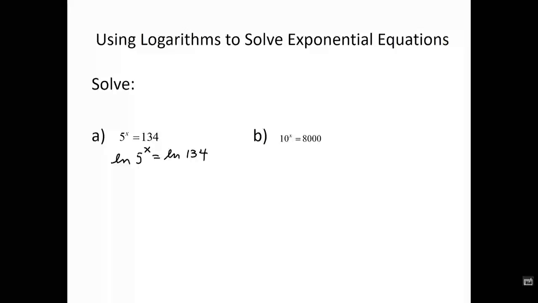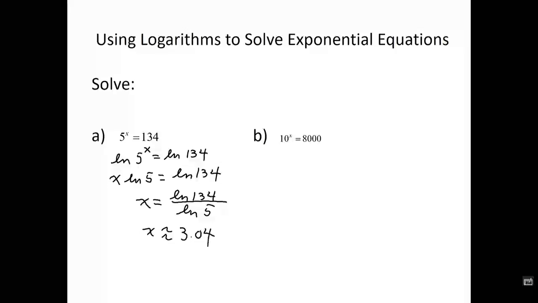And we know that this is x times the natural log of 5 is equal to the natural log of 134. Solving for x, we have x is equal to the natural log of 134 divided by the natural log of 5. And if you use your calculator, x is approximately 3.04.